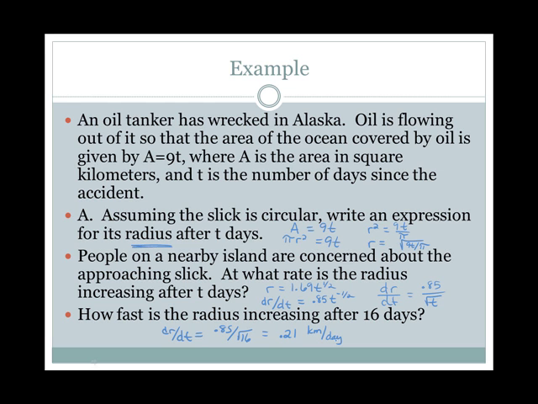As the height goes up, what does that do to the distance the person could see on that tower? And then, most importantly, as you wrap up this topic, work on making that connection. What does it really mean that dr/dt is 0.85 over the square root of t, and what can that help you with?